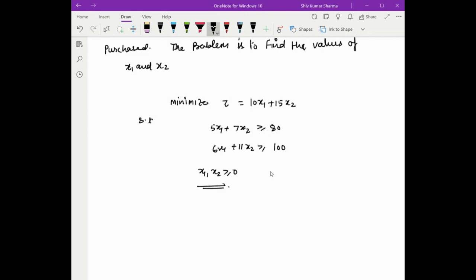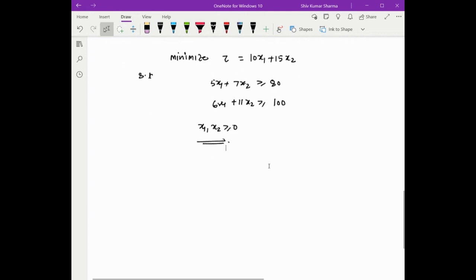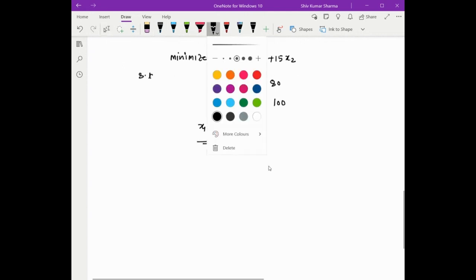Here we formulated this problem, which is known as the primal form, the original problem. Here we use the variable x and write the dual of this problem. So for writing the dual, we remember some points.